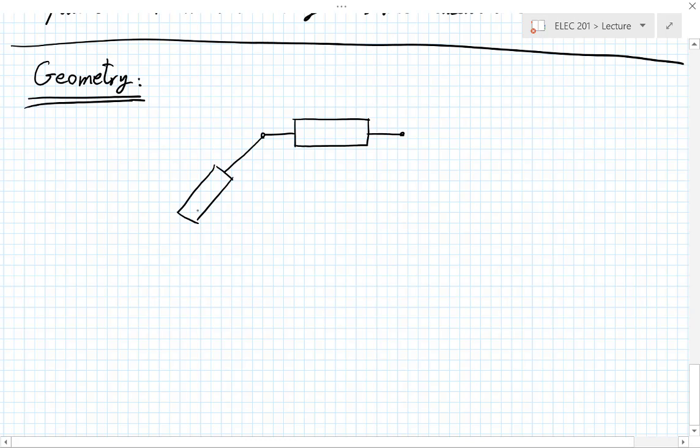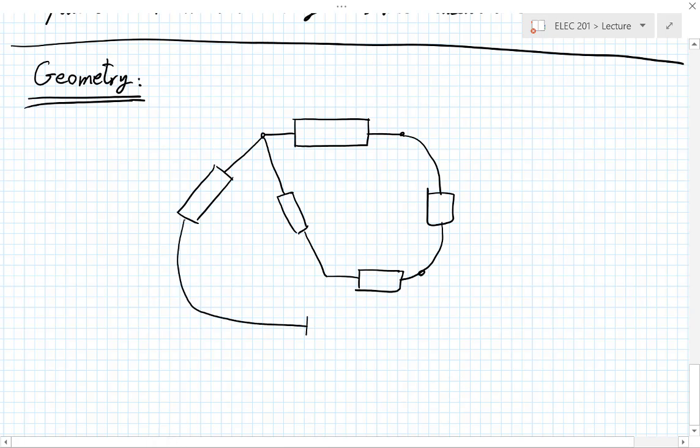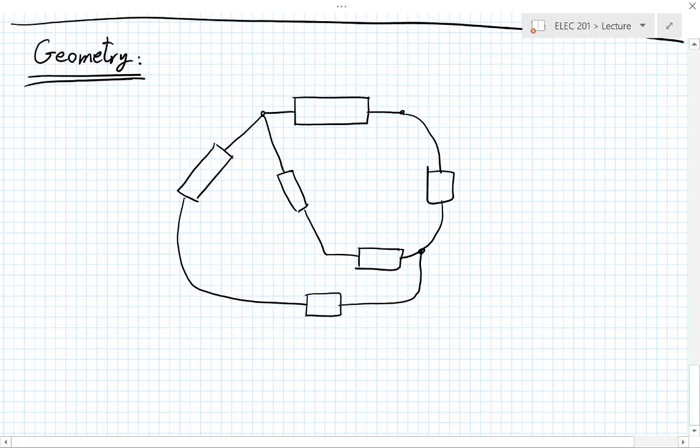So if I put a circuit together with a bunch of elements, and these don't have to be the same element. In general, they are not. Something like this. Maybe let's put another one here. So the concept of node, branch, and loop is really very much what you expect. Each of these are a node.